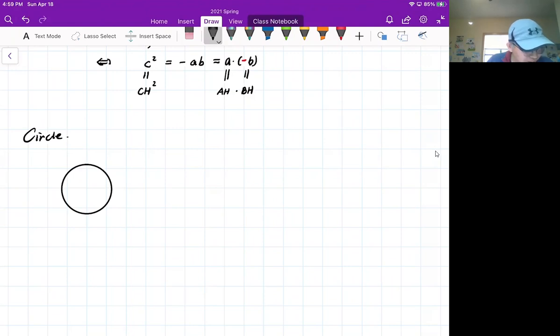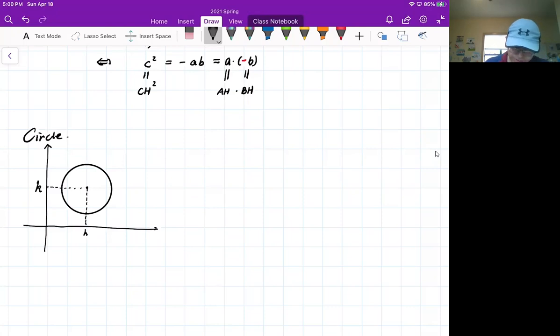So let's see. Suppose you have a circle in this way, right? And let's see, you go here, and you get here. All right. And let's say the center here has a coordinate where the x coordinate is h and the y coordinate is k.